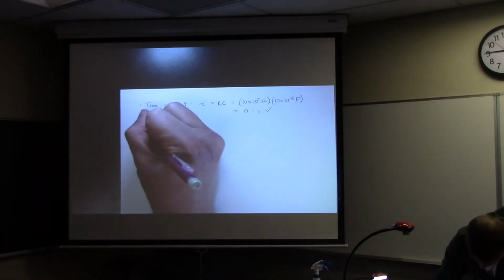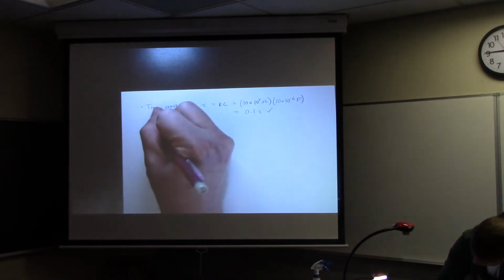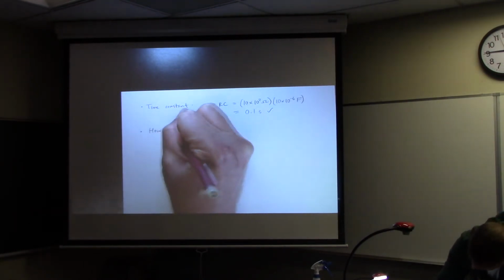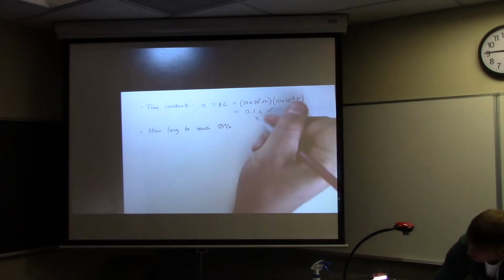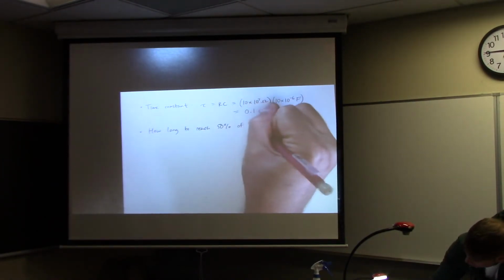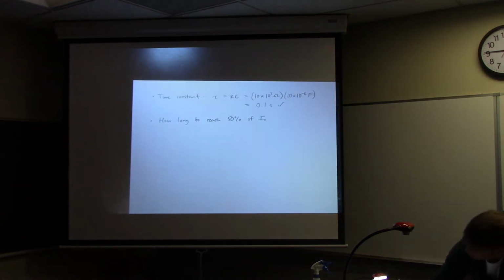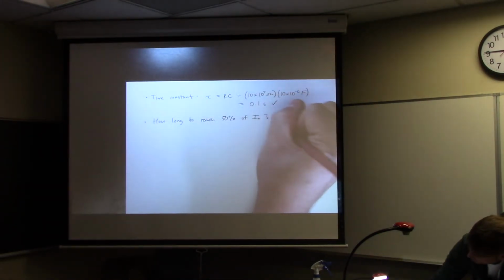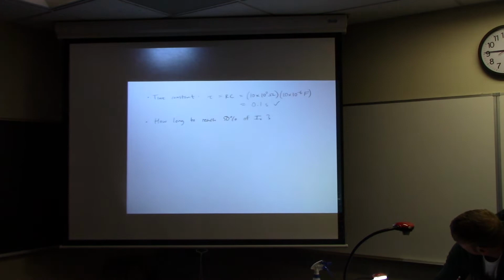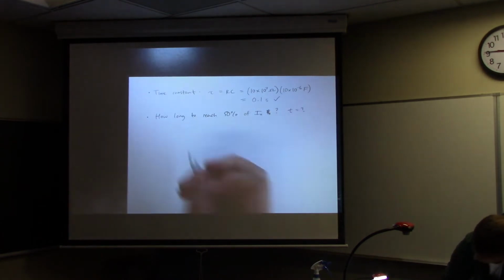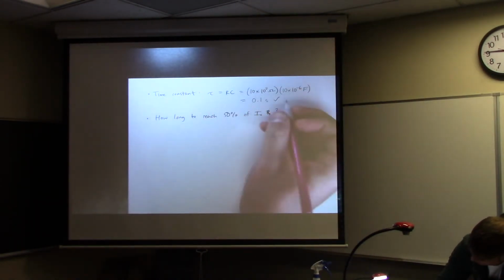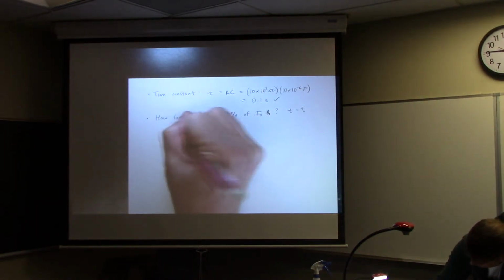Okay, so let's answer the next question, which is how long to reach 50% of the maximum current, which we call the maximum current I naught. So I'm looking for a time here. And the way we're going to figure out what the time is is to use our equation.